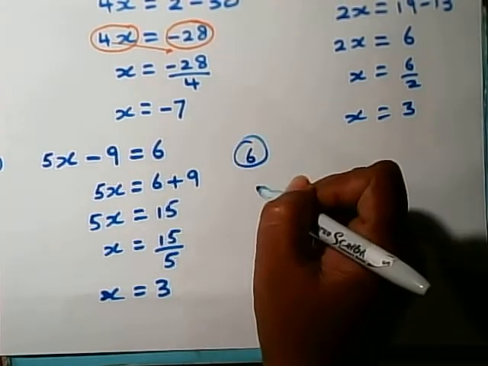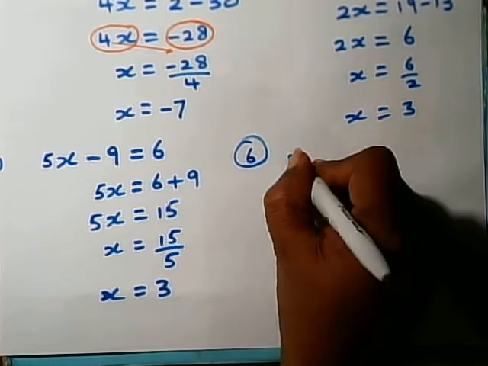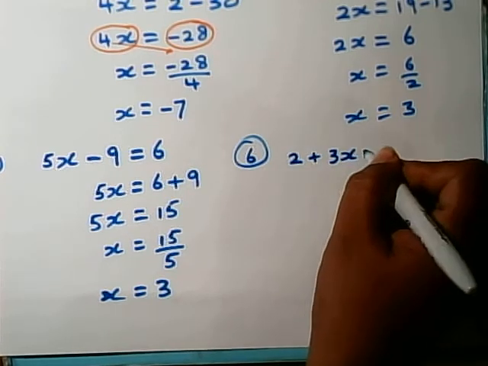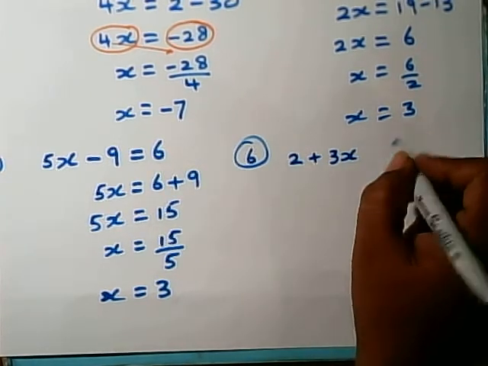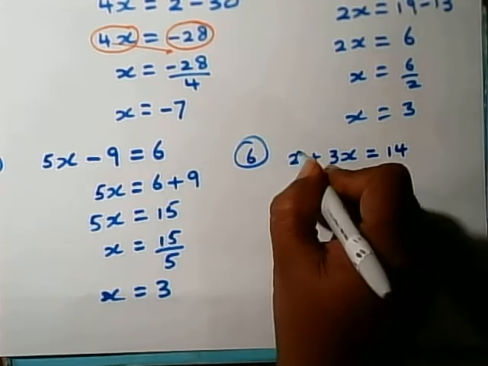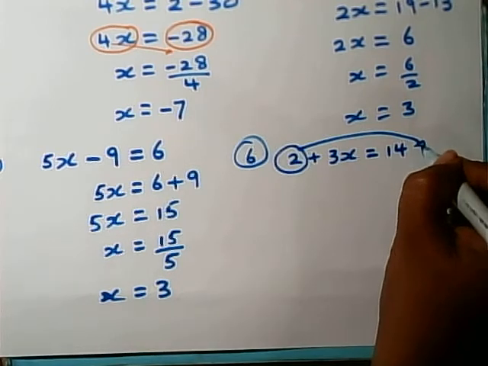Question 6. 2 plus 3x equals 14. We'll take this term here, 2, and carry it across here.